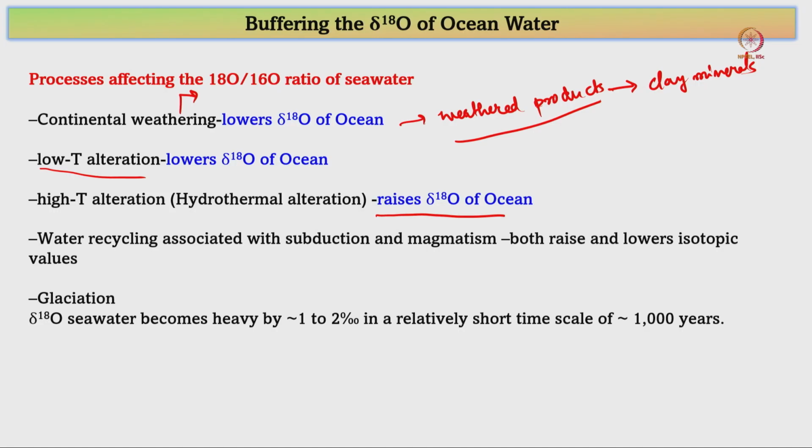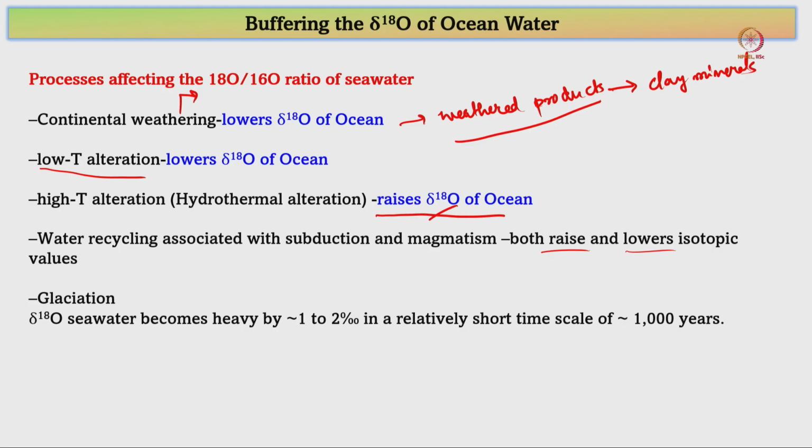So, high temperature alterations or geothermal alterations, they are going to raise the 18 oxygen of the ocean. Okay. Water recycling, that is associated with subduction and magmatism, basically depends on whatever is happening. So, it can either raise or lower the isotopic composition.